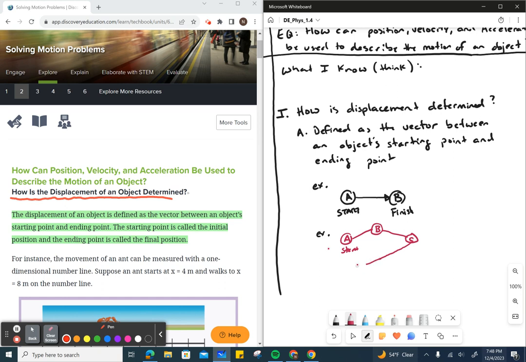And so my end for the day is point D. Well, in this case, where is your displacement? Your displacement is from A to D, right? This is where we start, and this is where we finish. So B and C don't matter when we're talking about displacement. This is your displacement.